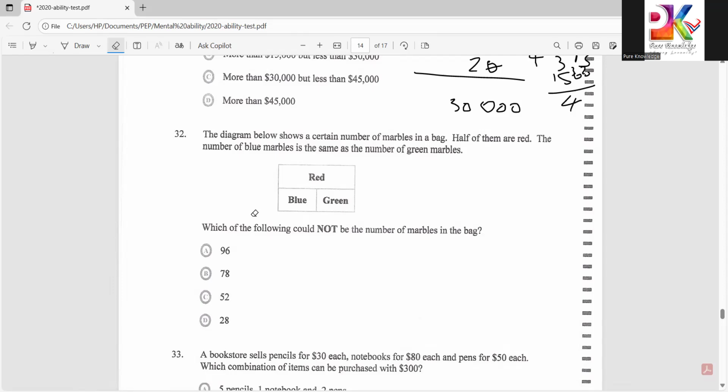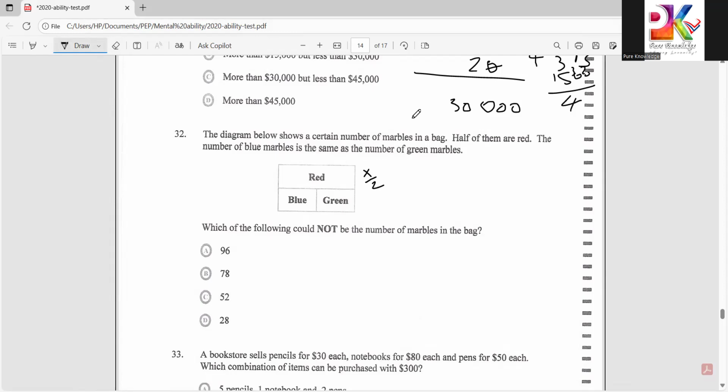So, half of them are red. And once it's half, we know that half would be this. But then we're looking at the unknown, so we're going to make the number in the box x. Say half, it will be 2.